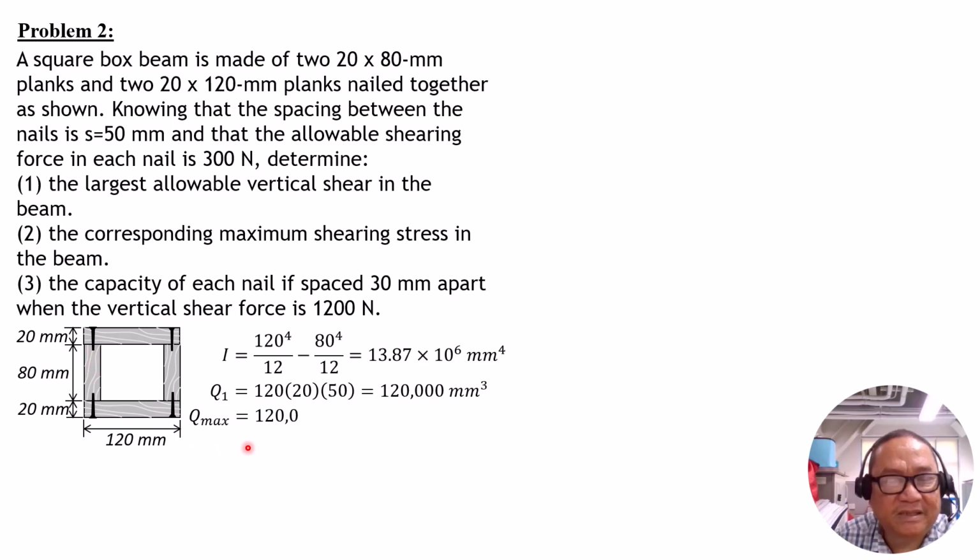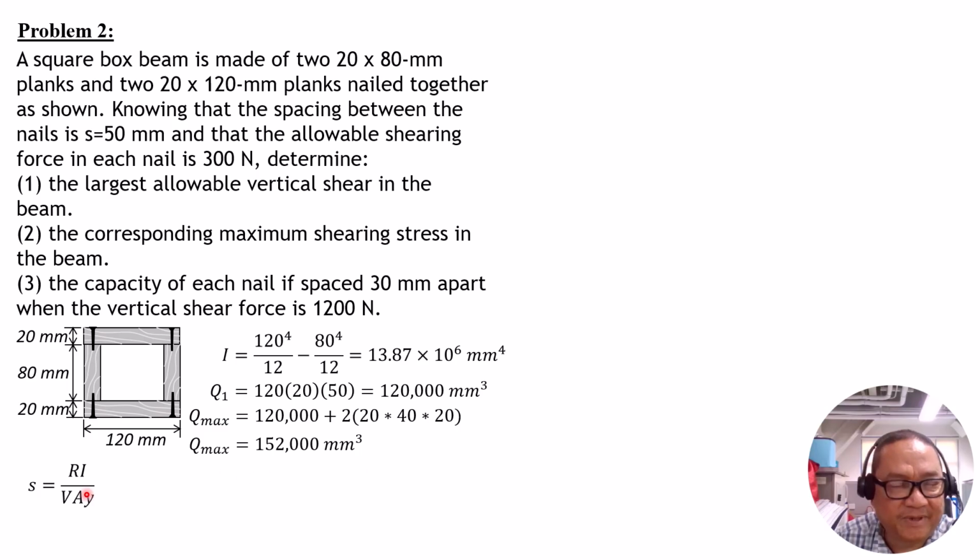So Qmax is 120,000 plus 2 times 20 times 40 times 20, so that would be 152,000 mm cubed.